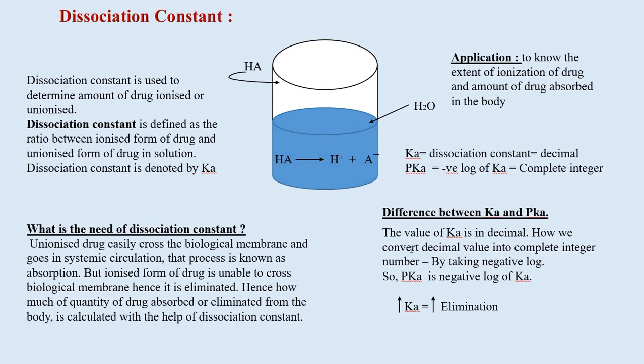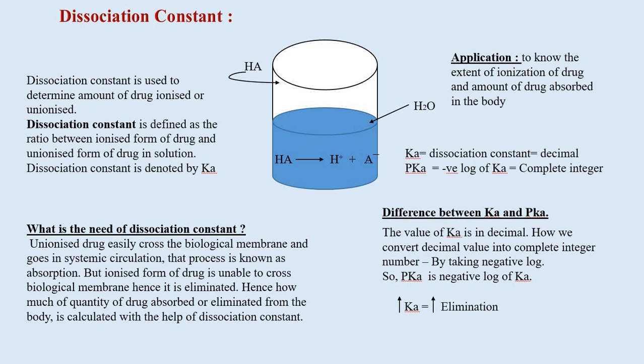And one key point is that suppose any drug has a high dissociation constant, meaning a large value, then that drug is eliminated from the body in a large amount. Why? Because in such a case the drug contains less unionized drug and a maximum amount of ionized drug.